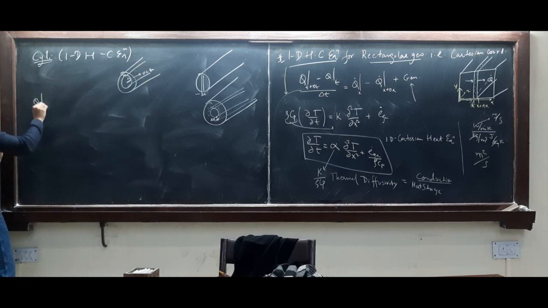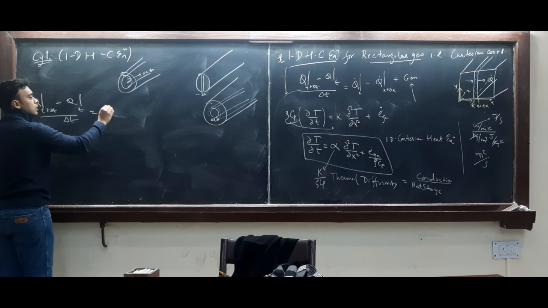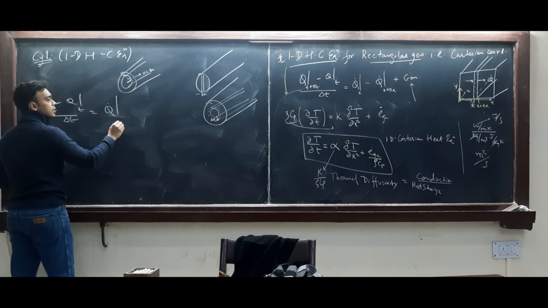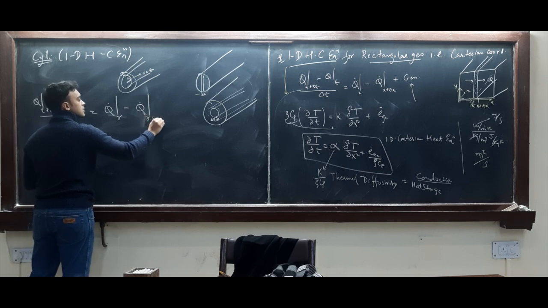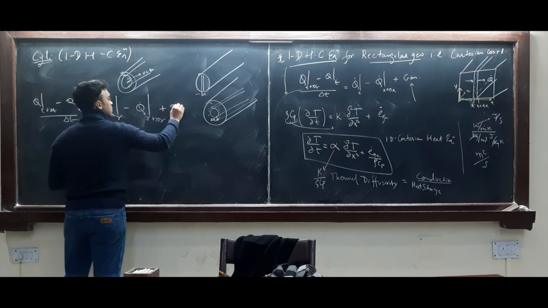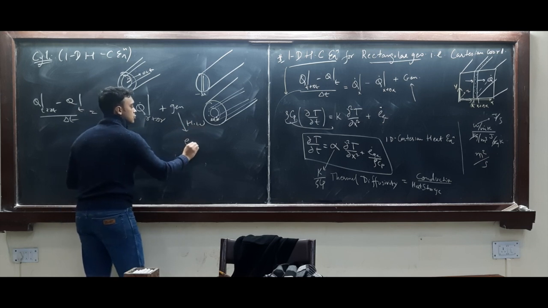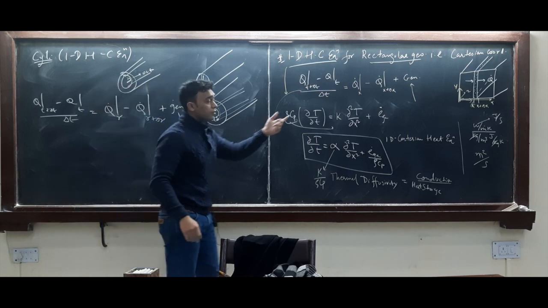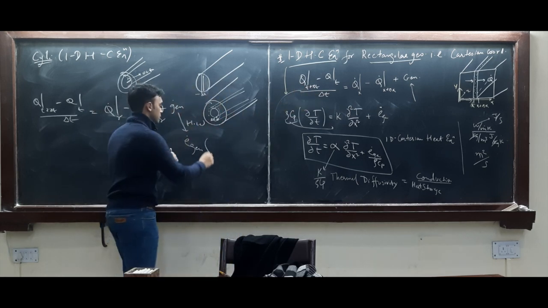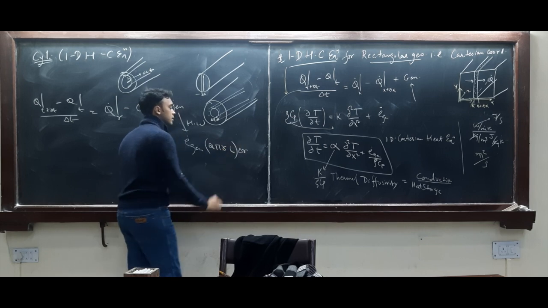So again you will write the same: Q dot at R minus Q dot at R plus delta R plus generation term. Now this is your homework: find E gen, which is the generation times whatever your volume element is. So this will be 2 pi R L into delta R.